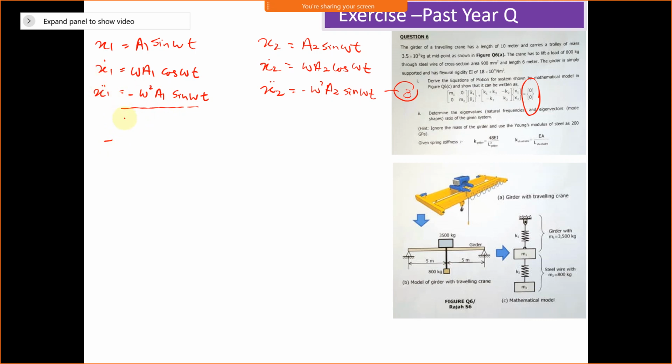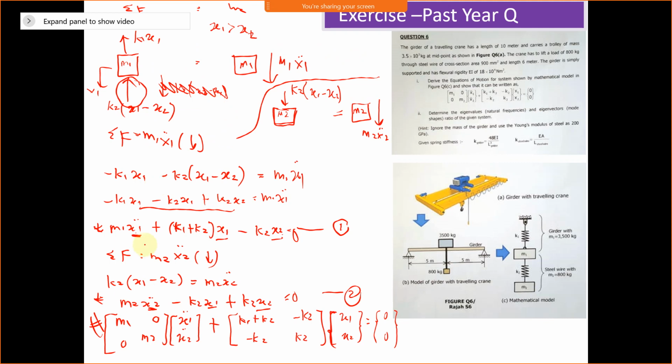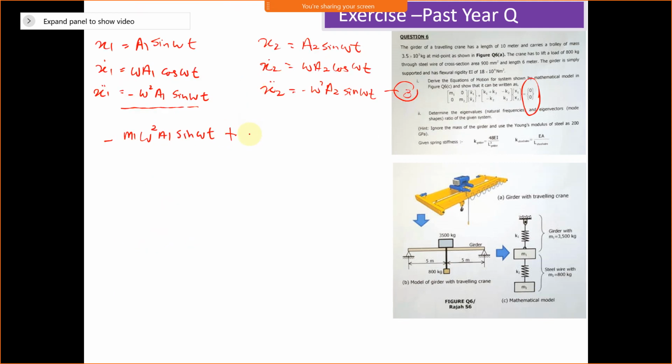Then we have negative. Kita gantikan yang x1 dululah. So negative m1 omega square A1 sin omega t plus k1 plus k2 A1, x1 we replace it with A1 sin omega t, minus k2 A2 sin omega t equals to 0.